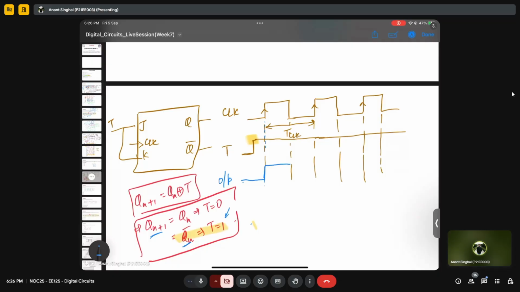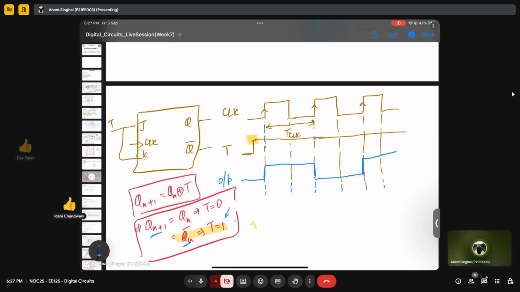Now the next positive edge comes here. Again T is 1, so again the output will toggle. Now again the output will toggle. Are you all able to understand this output?